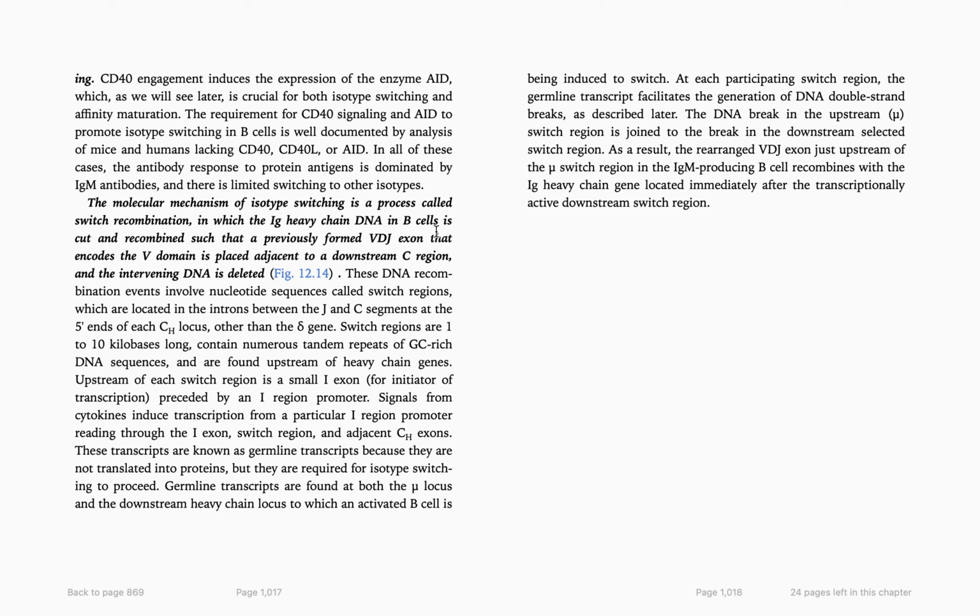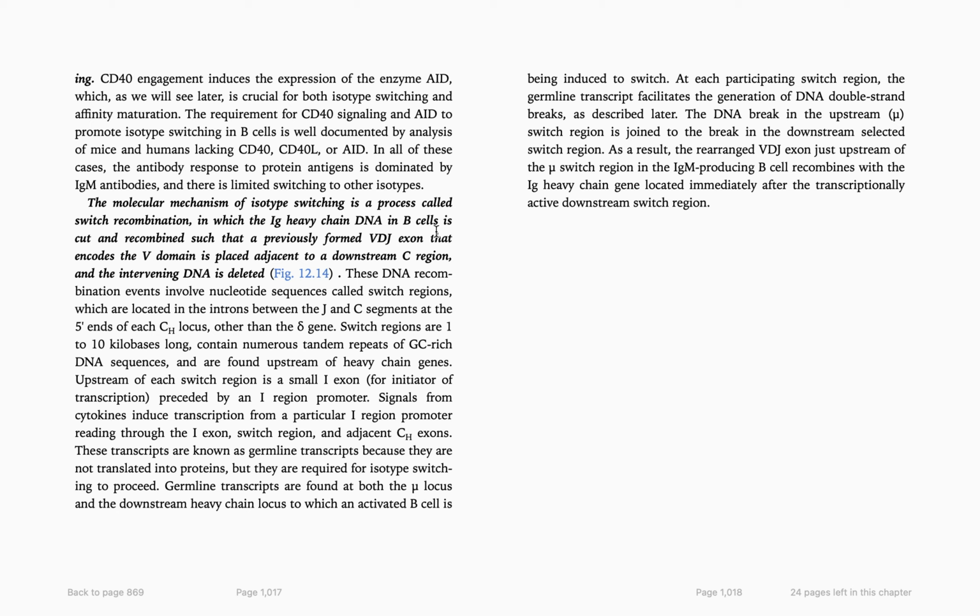Germline transcripts are found at both the mu locus and the downstream heavy chain locus to which an activated B cell is being induced to switch. At each participating switch region, a germline transcript facilitates the generation of DNA double-strand breaks, as described later.